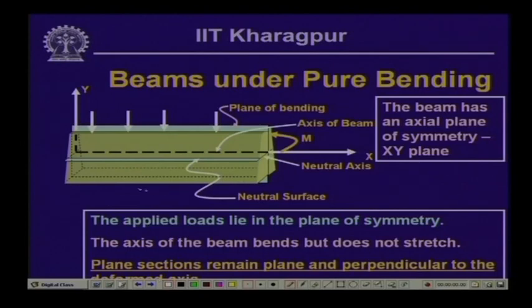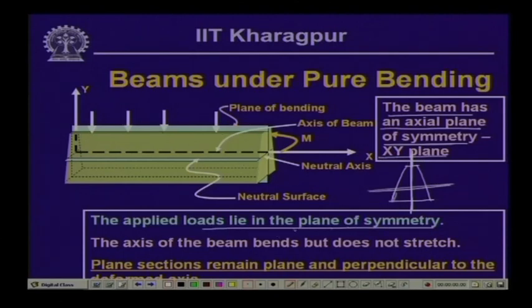If you remember, this is a segment of a beam, the cross section of which is something like a trapezium, which is symmetrical with respect to the vertical axis and unsymmetrical with respect to the horizontal axis. So, here we assume that the beam has an axial plane of symmetry and the xy plane is the axial plane of symmetry, and the loads which act on the beam lie in the plane of symmetry.